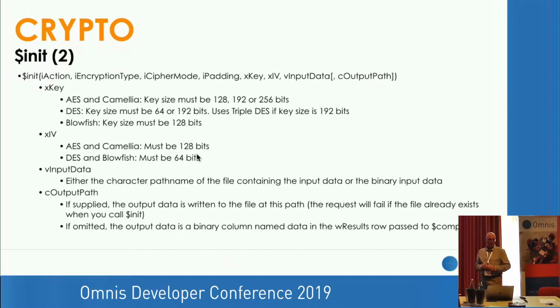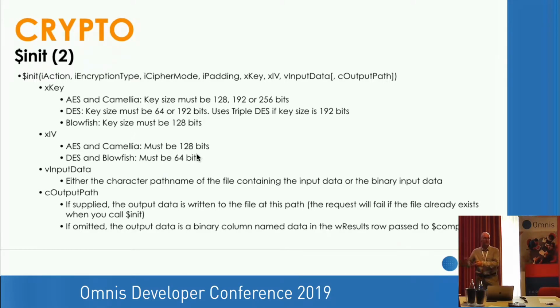Now the input data that you're going to encrypt or decrypt, you can either specify binary input data to encrypt or decrypt that data directly, or you can specify a character path name of a file, and in that case we'll encrypt or decrypt the data contained in that file without reading the whole file into memory.